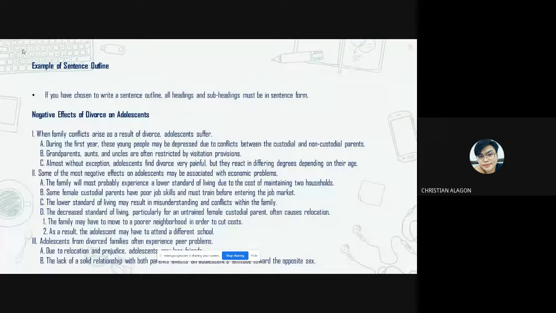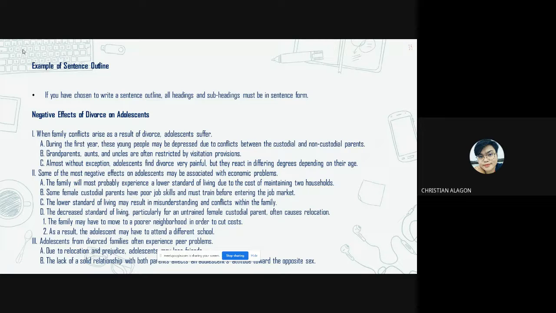If you have chosen to write sentence outline, all headings and subheadings must be in sentence form. So we have here our main topic. This is negative effect of divorce on adolescents. So as you can see, when a family conflict arises as the result of the divorce, adolescents suffer.